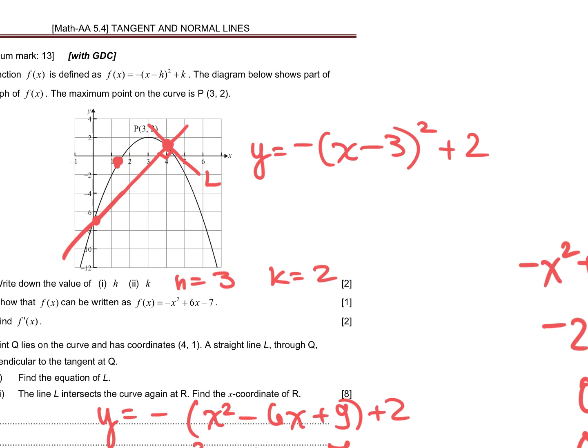So 1.5. So like here, 4, 1. So what's happening is that this is the perpendicular, these 2 points. Something like that. And then we have the tangent there.